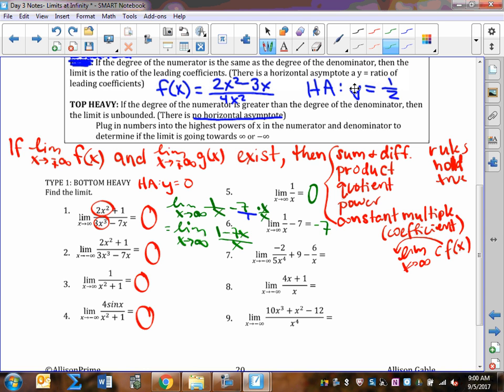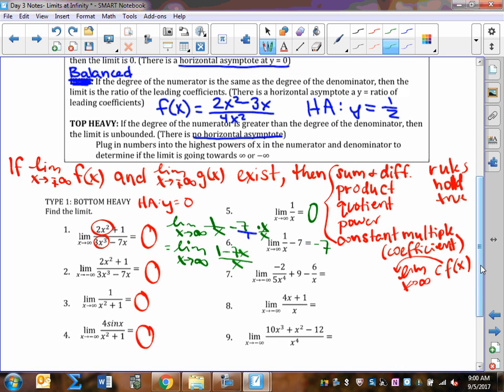And then here we end up having the balanced case, which we'll talk about on the backside, where degrees are the same. So our horizontal asymptote, or the end behavior, ends up being just the coefficients there. So we would have had -7 over 1, which is -7. So either way, but as you can see, applying the properties allows us to avoid the algebra.